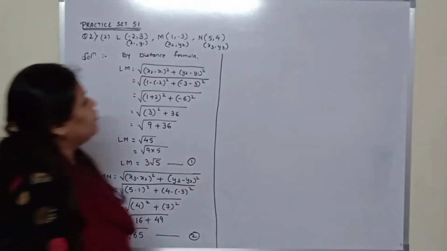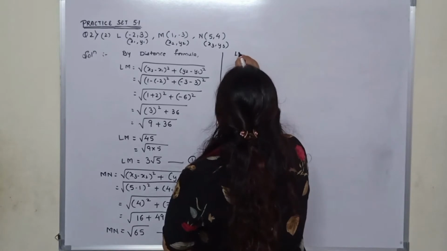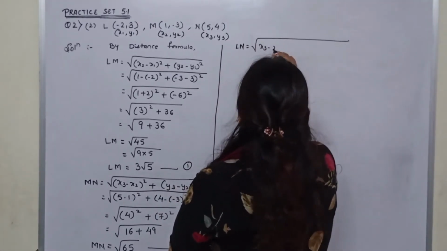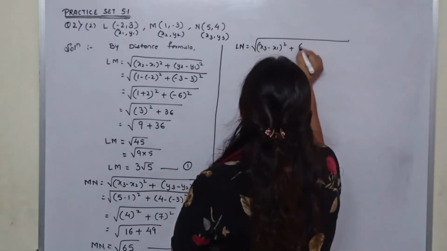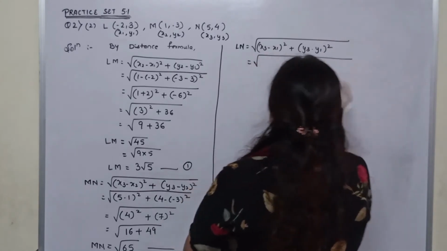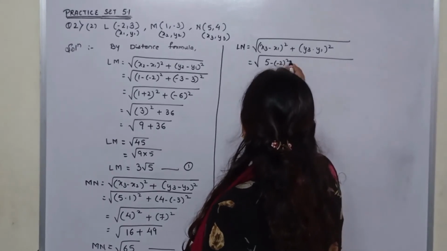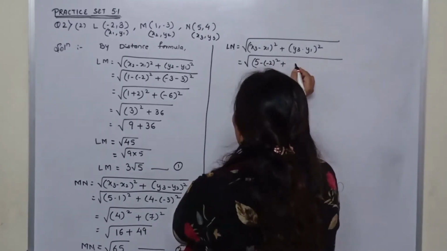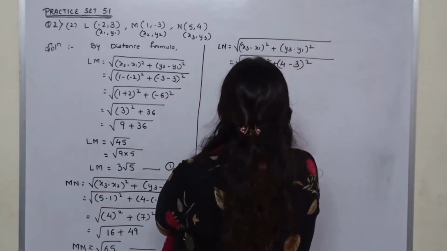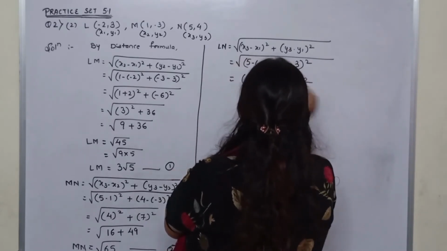So we'll go further for LN now. Okay. So LN equals under root (x3 minus x1) the whole square plus (y3 minus y1) the whole square. So what is x3? (5 minus minus 2) the whole square plus (4 minus 3) the whole square. (5 plus 2) the whole square and 4 minus 3 is 1, the whole square.